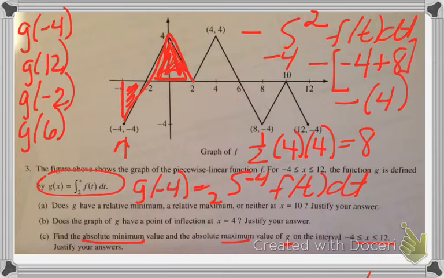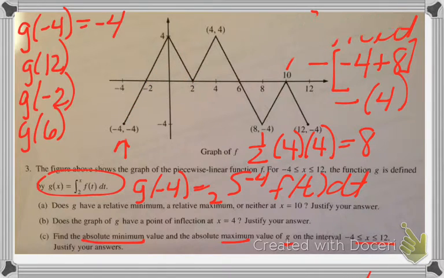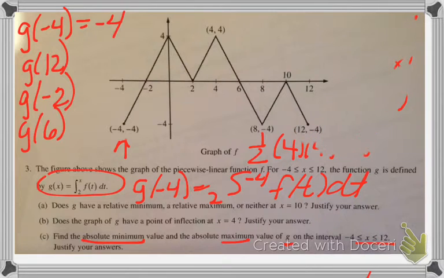So g of -4 is equal to -4. Okay, we're going to have to do this 3 more times. So let's get rid of all of this. What might be a good idea is just to label this -4 in case we're going to need it again, and this one's going to be 8. So we don't have to keep doing it over and over.